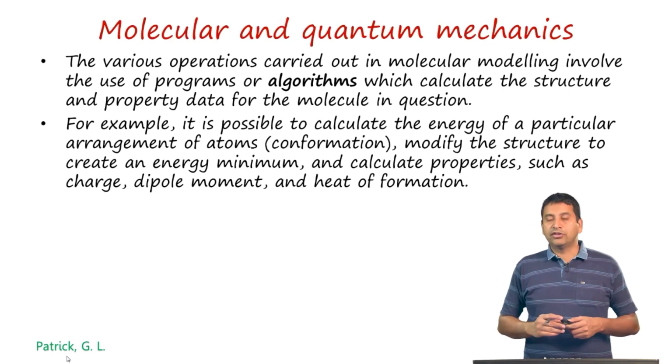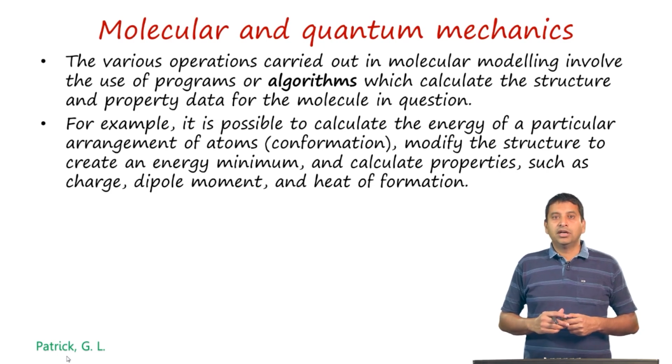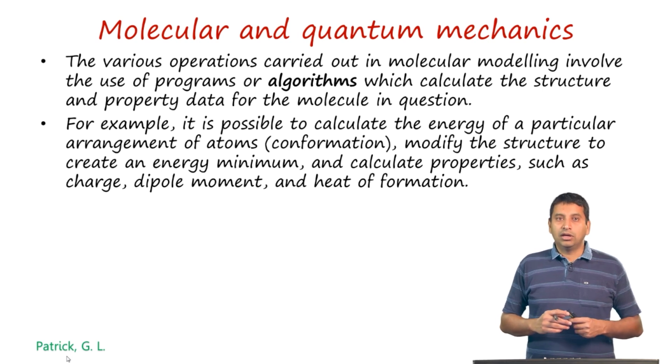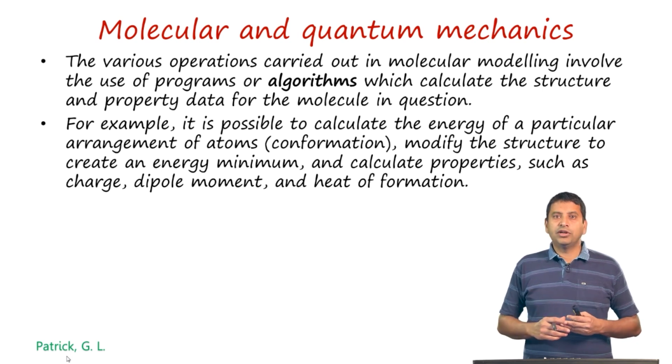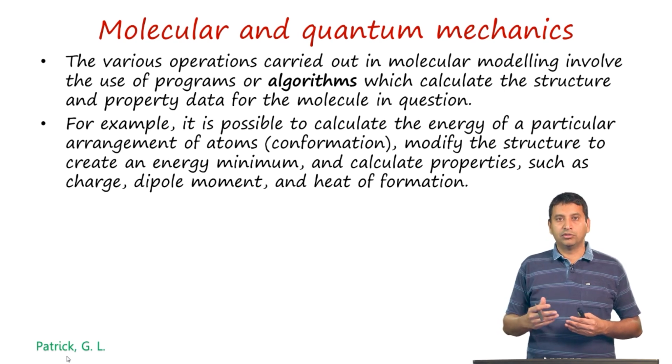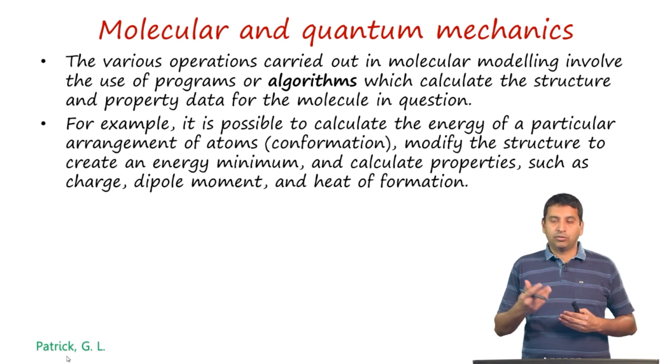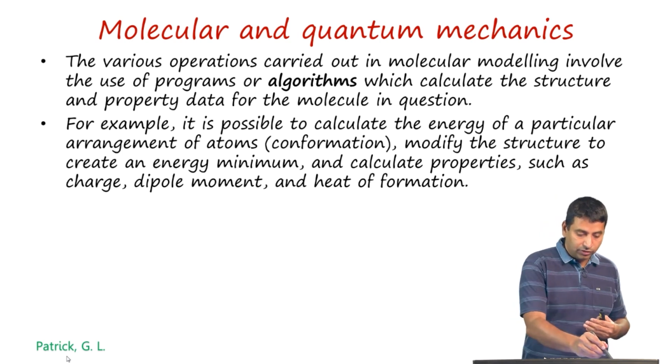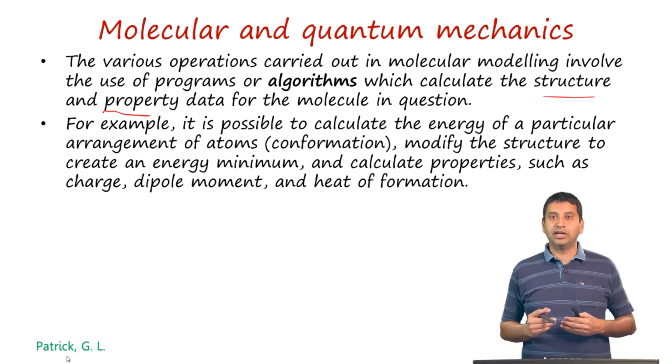As I mentioned just now, there are two major types of approaches here in computation, and these are molecular and quantum mechanics. Now, the various operations carried out in molecular modeling involve the use of programs or algorithms, okay, and these are the ones that help with calculating the structure and property data. So, the key words here are structure and property data.